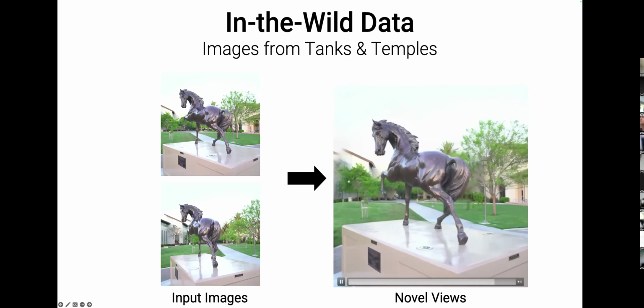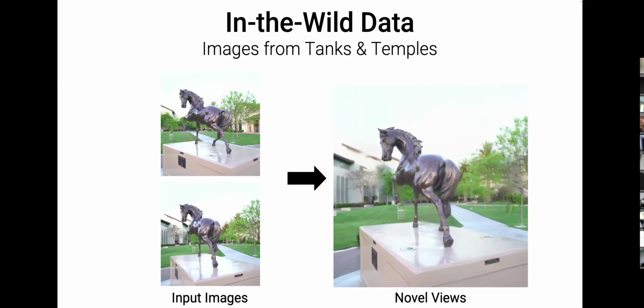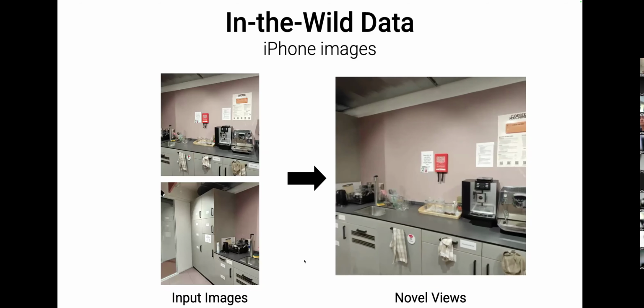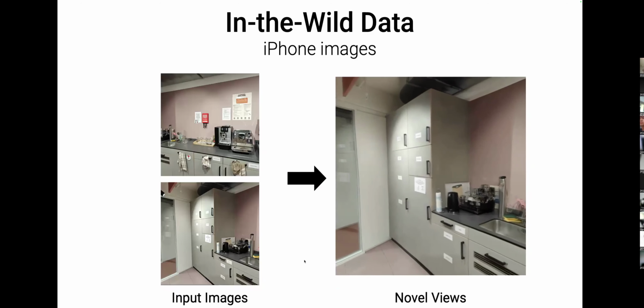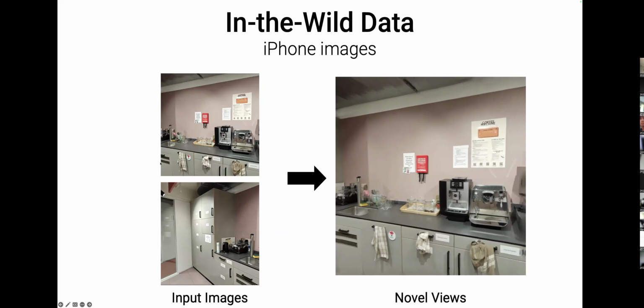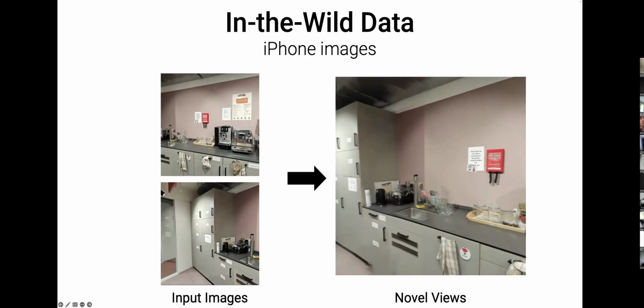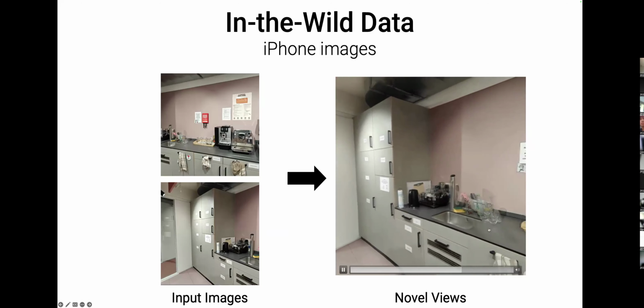There are some artifacts here, as you can see, but again, that's what we could get. Then here's another image just taken by iPhone. These two images almost have no overlap, as you can see. The only overlap is just here. So yeah, it's quite cool.